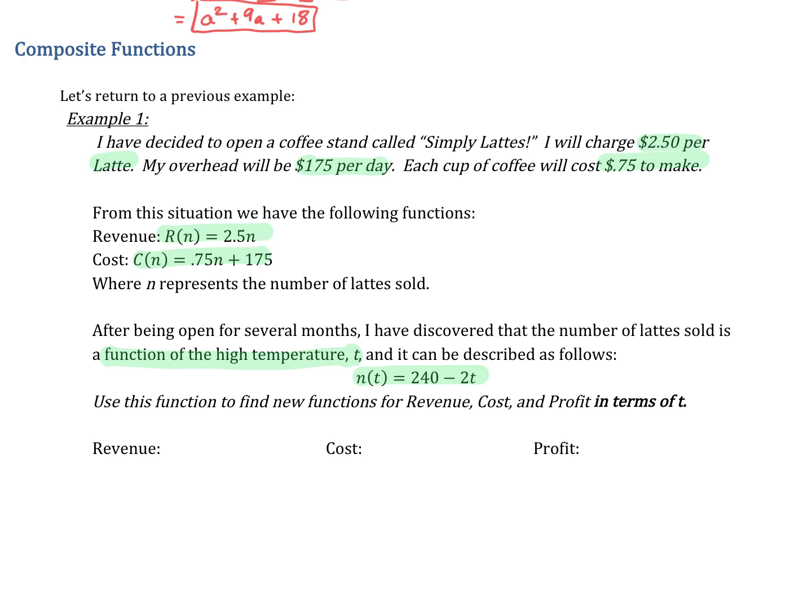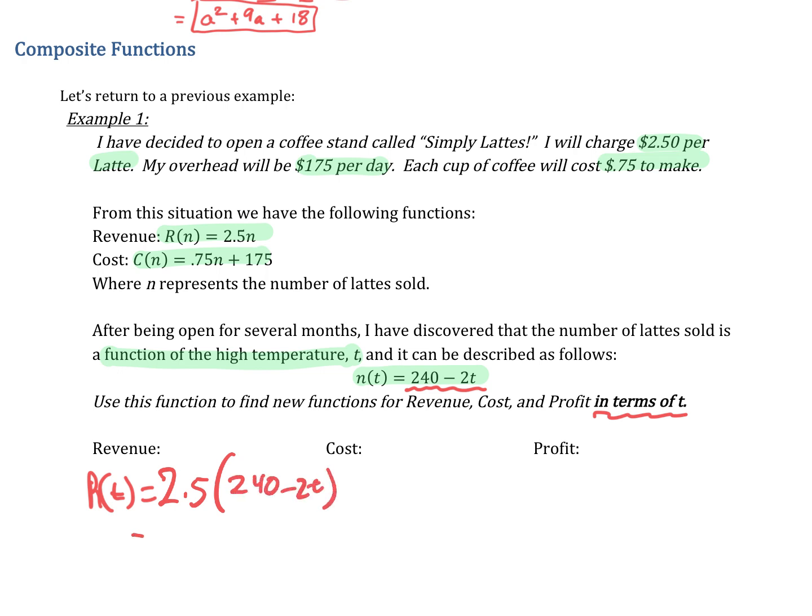All right. So let's use that function to get a new function. I'd like to have a function for revenue and cost and profit based on T, temperature. So in terms of T, well, let's see. Let's think about our revenue. Our revenue as a function of temperature, well, it was 2.5 times n, but n is just 240 minus 2T.